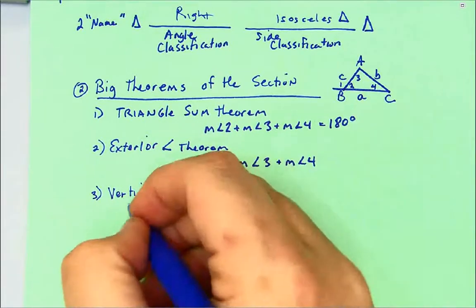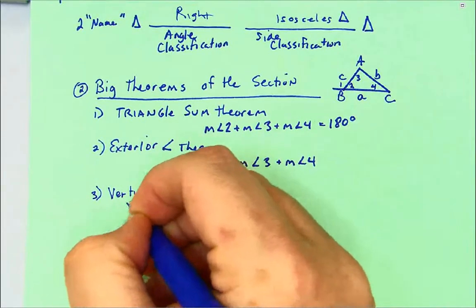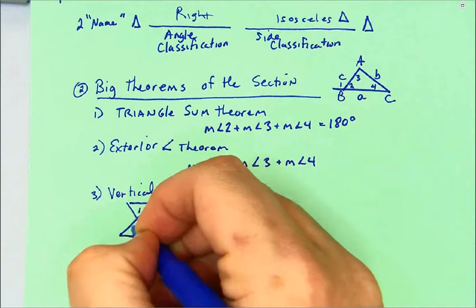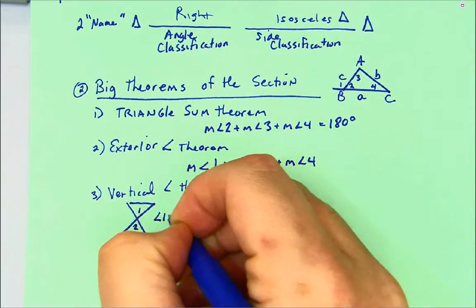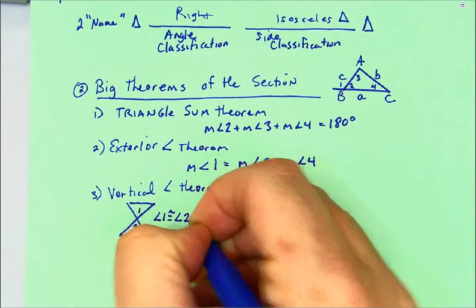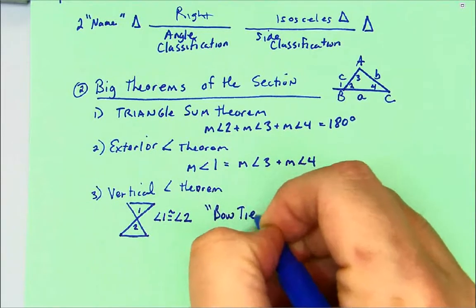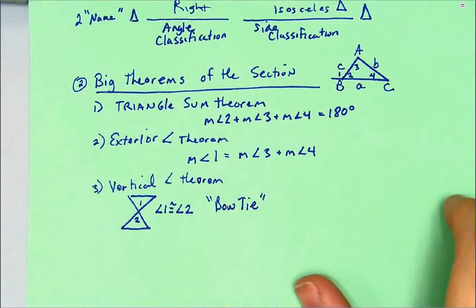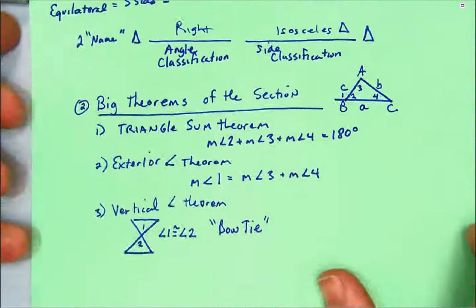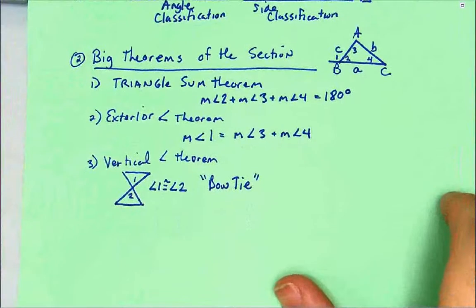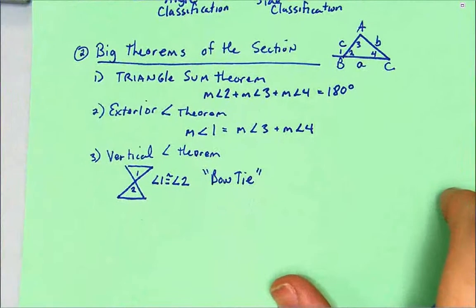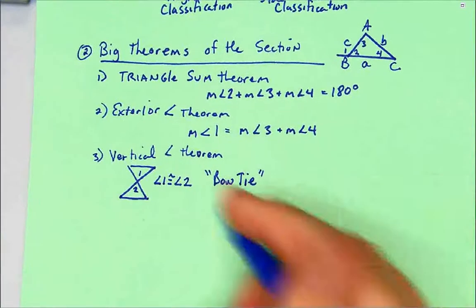The vertical angle theorem. Angle 1 is congruent to angle 2. This is what I call the bow tie. If you have triangles in the shape of a bow tie, you're in business, because at least you know that two of the angles are going to be congruent to each other.